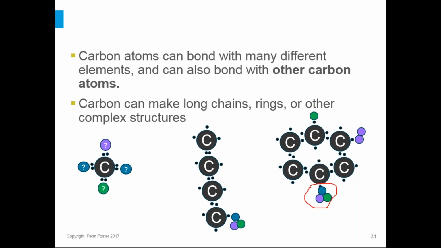So this makes carbon sort of unique and very important, that it can make so many bonds, it can bond with itself, and it can bond with other things. So it makes an infinite amount of structures possible that are based around carbon.